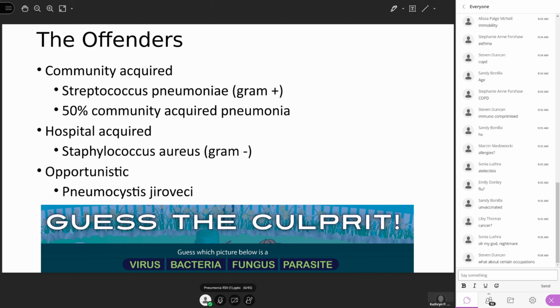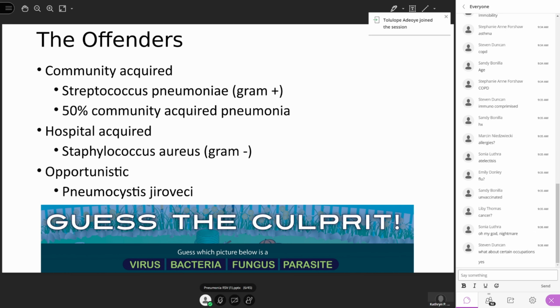Stephen, you asked about certain occupations as far as exposure to pneumonia or respiratory. I would say exposure to respiratory irritants could make you more susceptible to pneumonia. So I'm going to put my environmental health nurse hat on.